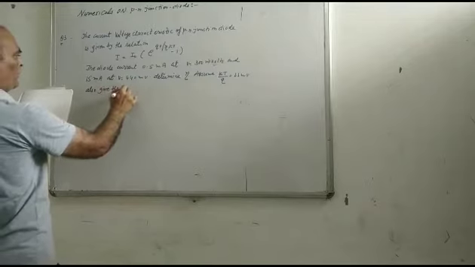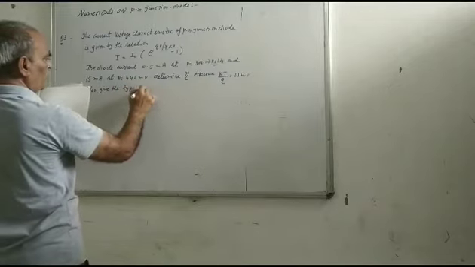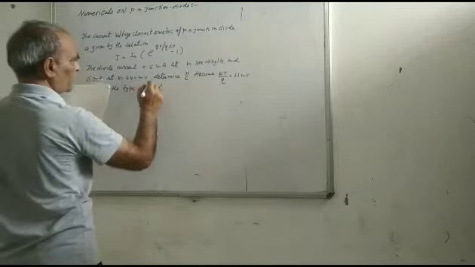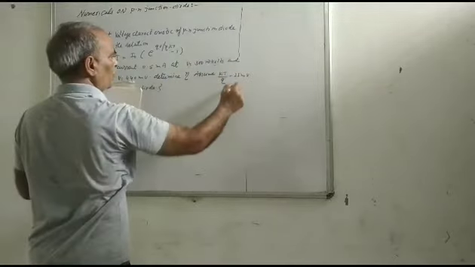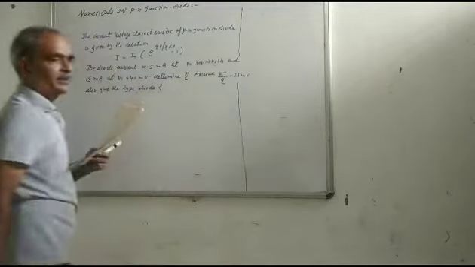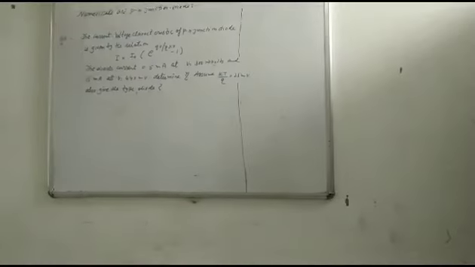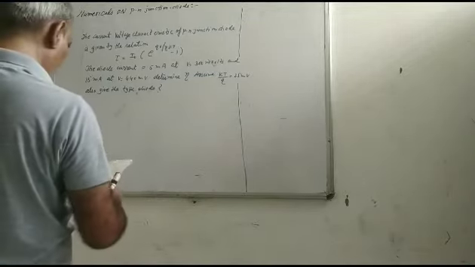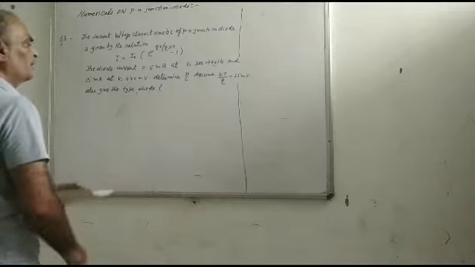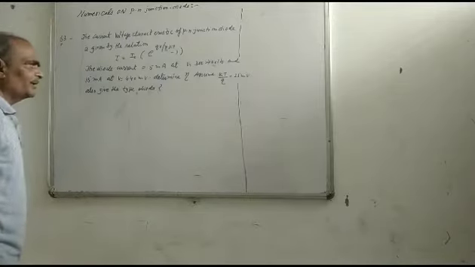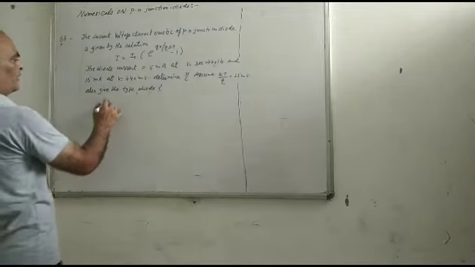Also give the type of diode. With the help of eta, we can judge the type of diode. If eta is 1, the diode is germanium. If eta is 2, the diode type is silicon. So we should calculate the value of eta, and you also have to find the value of eta in this problem.